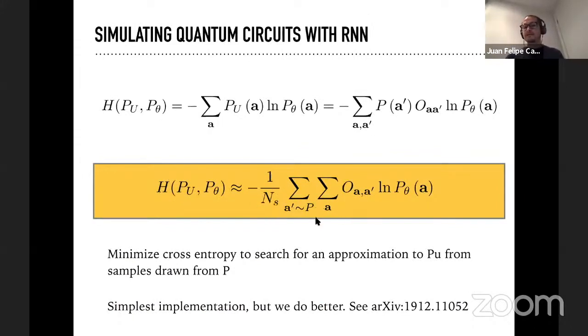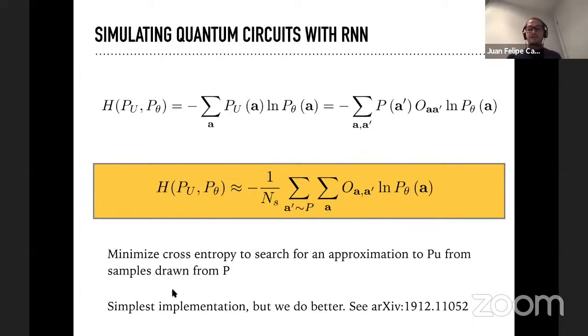And the second sum is only polynomial in the size of the gate, if you want. If you have a 1 qubit gate, it's just a few order 1 terms. If you have 2 qubit gates, it's a little bit bigger, but also of order 1. And then we minimize this cross entropy and search for a model P theta that approximates PU well.